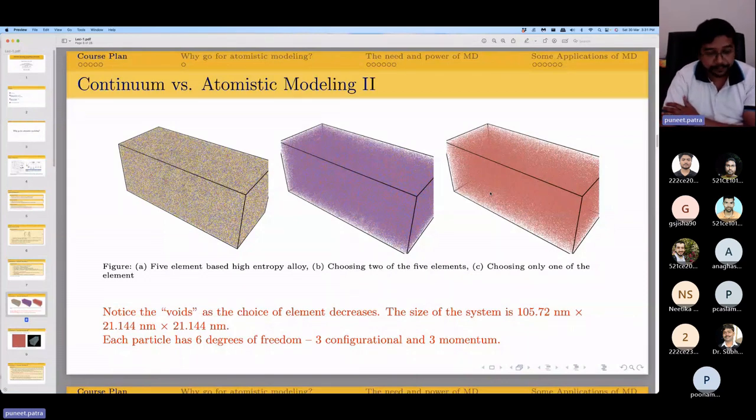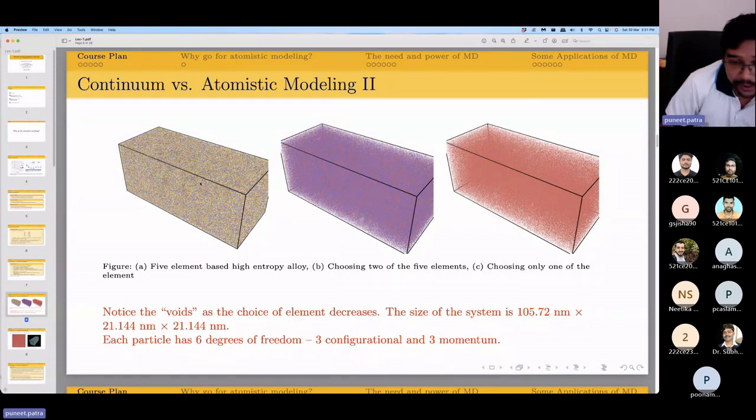Another important thing is in the previous slide, I told you that each particle comprises three configurational degrees of freedom. But when it comes to atomistic dynamics, since every atom, every particle, every molecule has a vibration associated with it at non-zero temperature, we don't only have the three configurational degrees of freedom, we also have three momentum degrees of freedom.